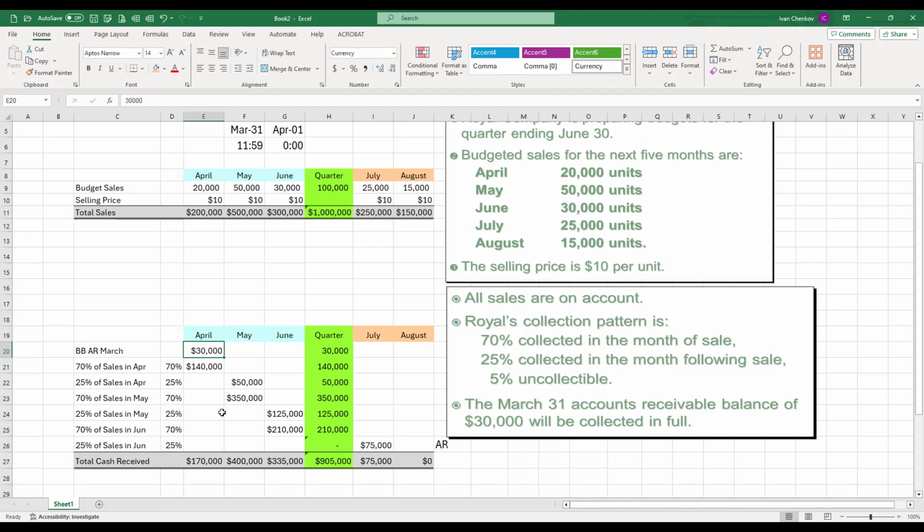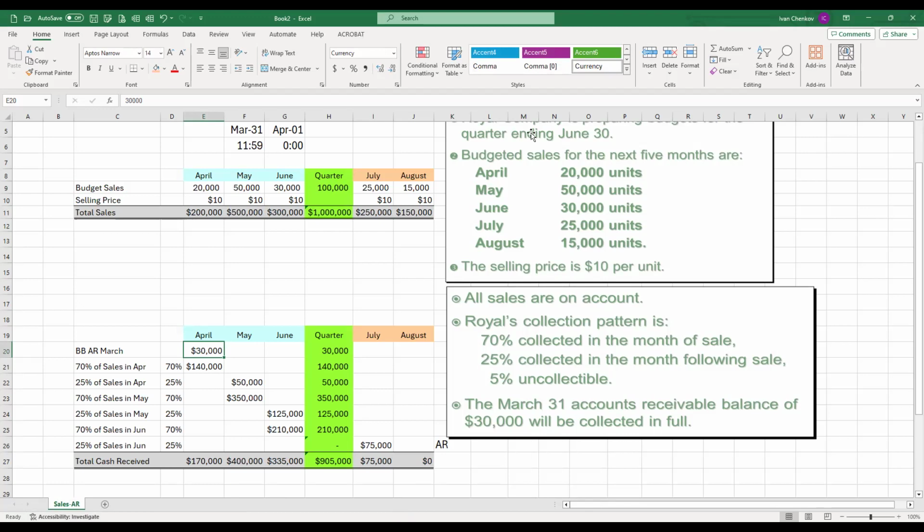Okay, so that will be our sales and accounts receivables. Let's label this worksheet so you can use it after that: sales and accounts receivables.